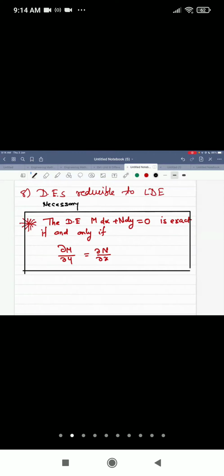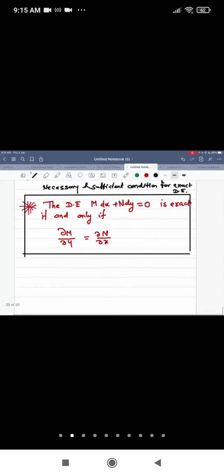Necessary as well as sufficient, isn't it? Necessary and sufficient condition for an exact differential equation. Everybody should have this condition in your notebook. Then only you can understand the examples and solve them.